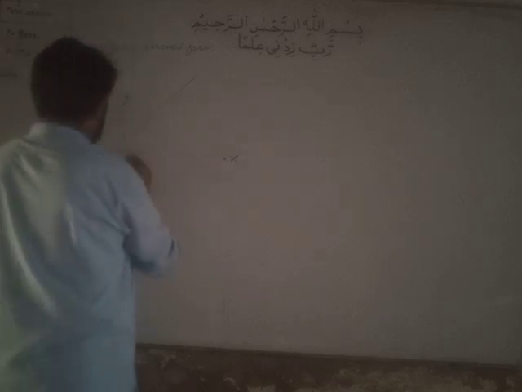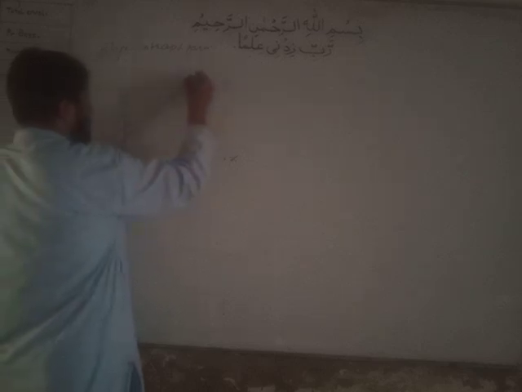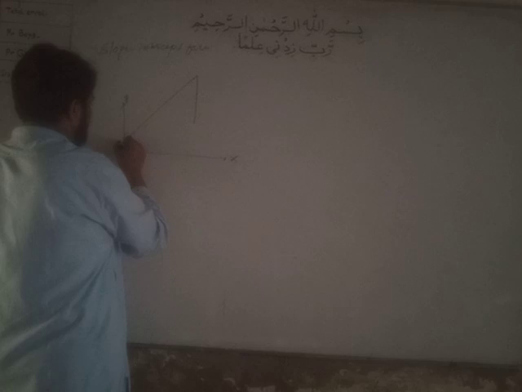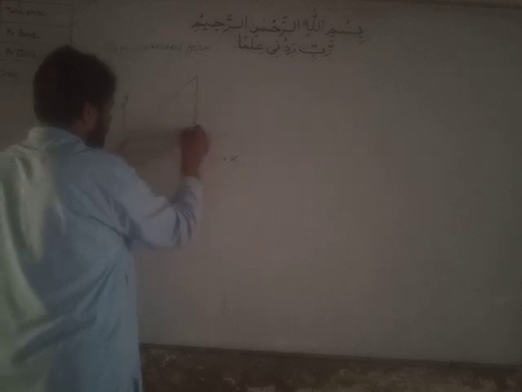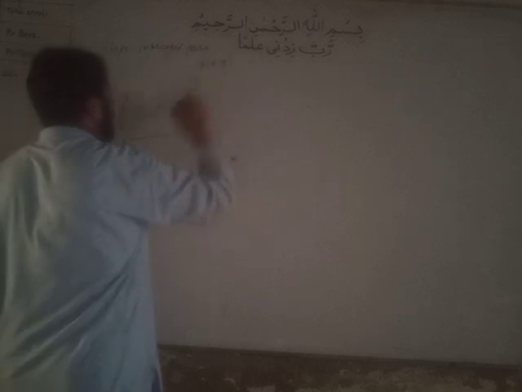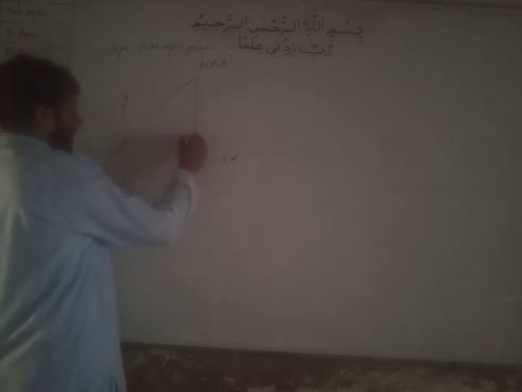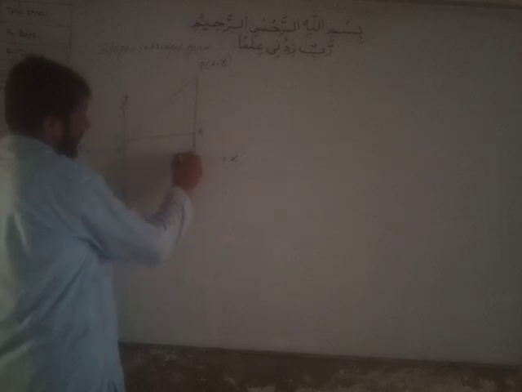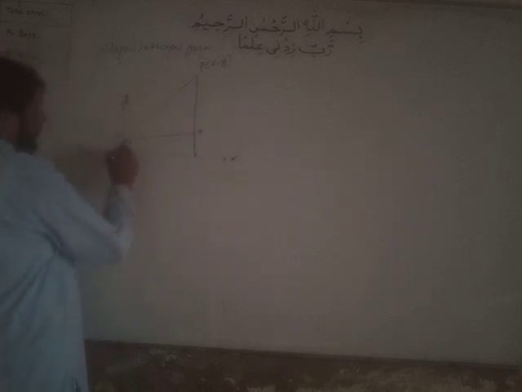So here this is the intercept form and here the theta. So here we can say this is the point x, y, and here this is the point A. This point is called B, and so we can say this is also theta here.